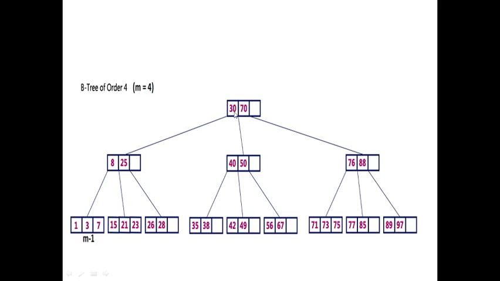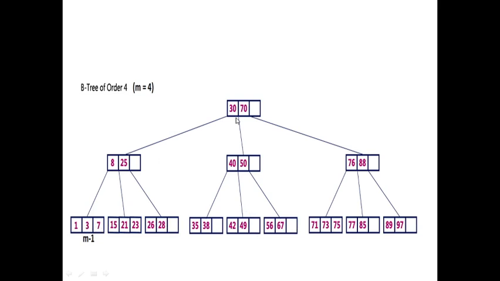Secondly, the number of entries in each node has to be a maximum of m minus 1. So maximum m minus 1 means that 3 is the maximum, and you can see that this particular node contains the maximum of 3 entries, and other nodes contain 2 entries. That is also valid.